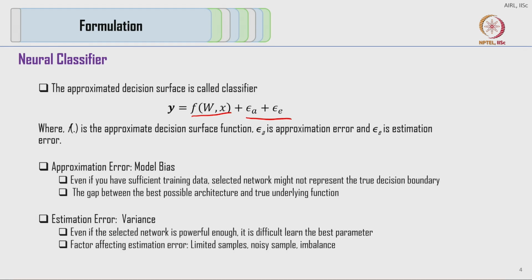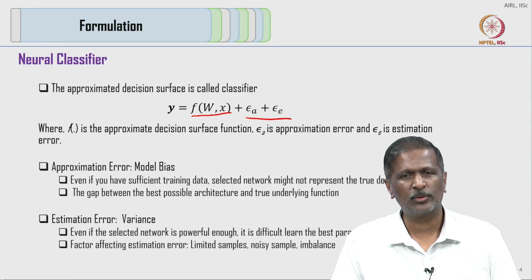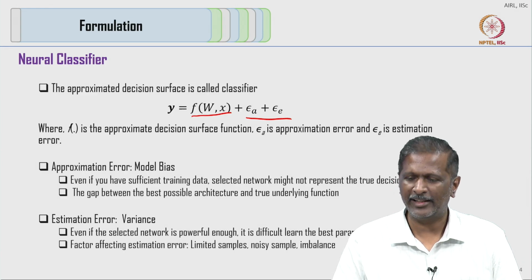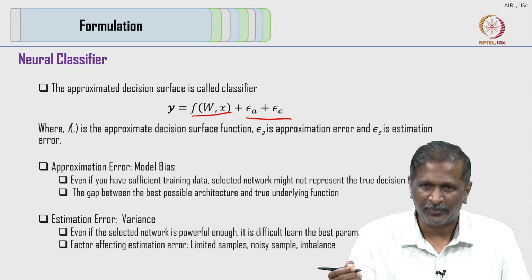Now we need to understand what will influence epsilon A and what will influence epsilon E. Approximation error is about the bias of the model. Even if you have sufficient training data, for a given selected network, it may not represent the true decision boundary. Let's say we are talking about a multi-layer perceptron with a single hidden layer.